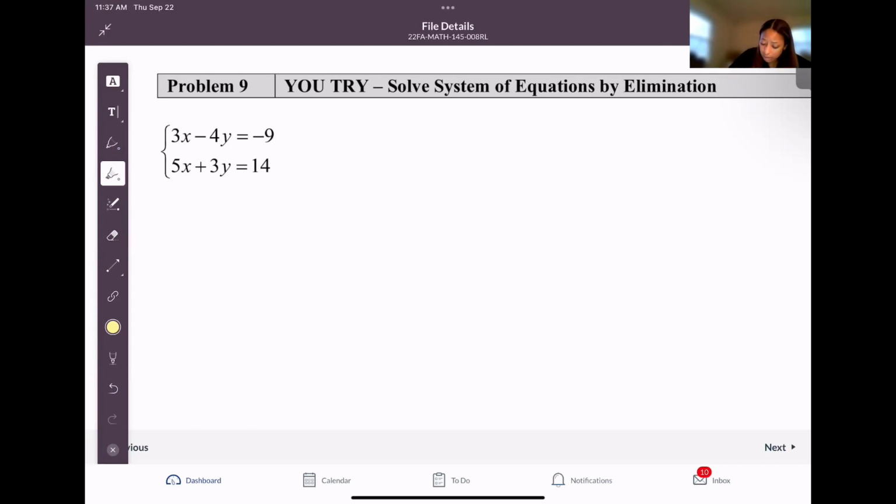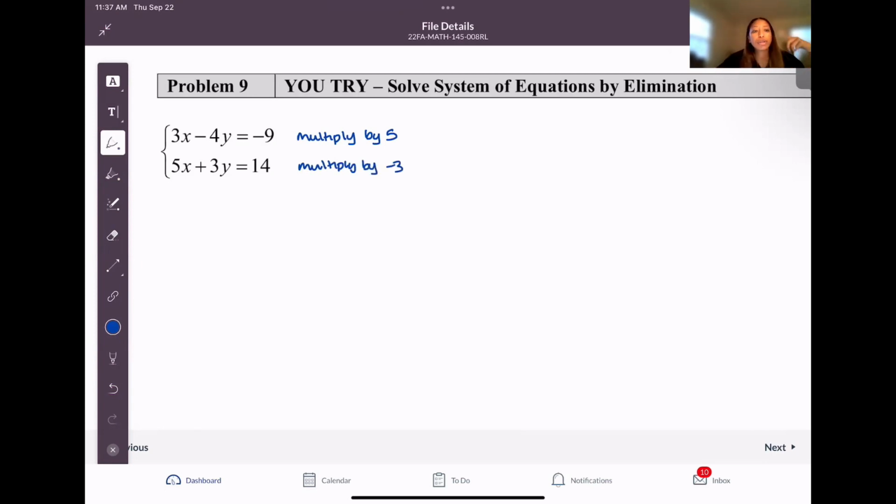You're going to multiply the first equation, and I'll write it out in words. We can multiply the first equation by 5. That's the second equation's coefficient. And then multiply the second equation by negative 3.